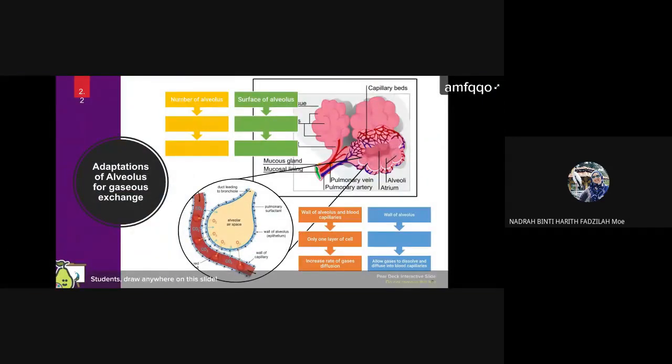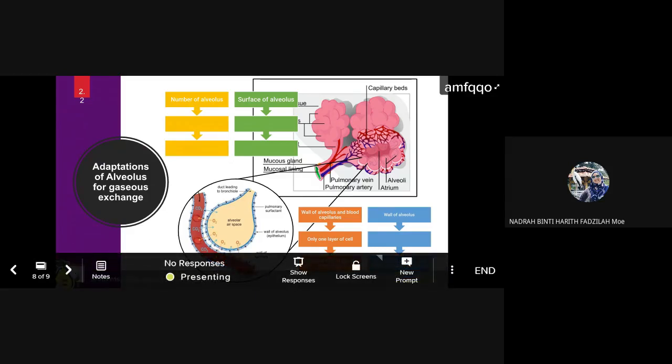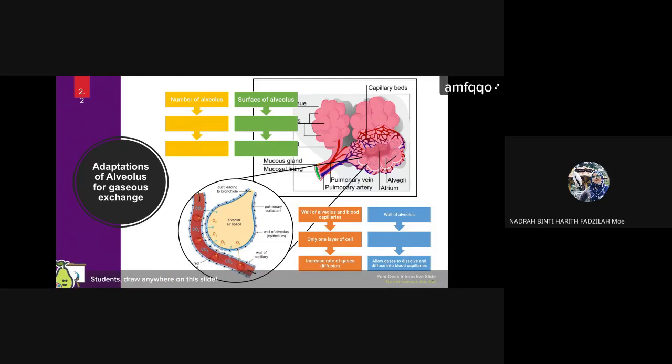Okay, macam mana kita nak apply? Saya tunjuk kat sini. For example, when we discuss about the adaptation of alveolus for gaseous exchange, we will always arrange our explanation in this sequence.